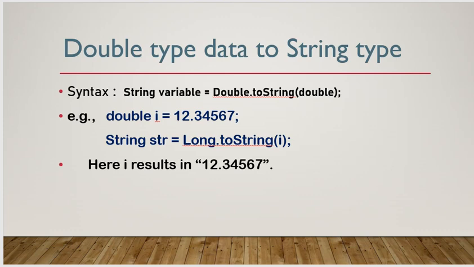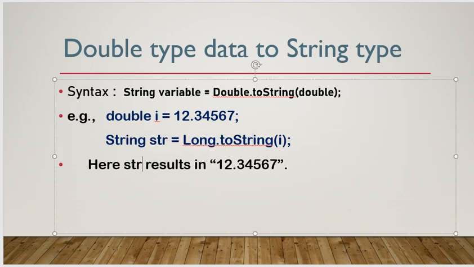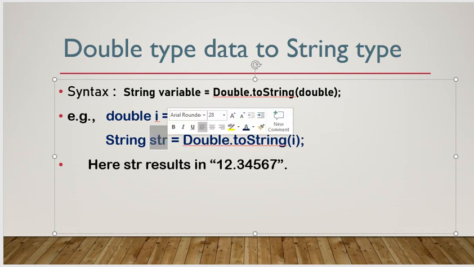Here we have taken double i equals 12.3456. We have to use the function Double.toString, and the result will get stored inside the variable str, which equals 12.34567 within double quotes.